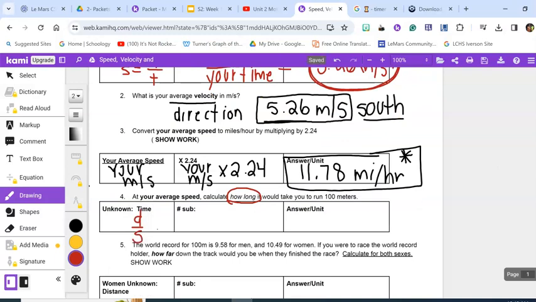Now, the number substitution, what's the distance that they want me to run? 100 meters. So I'm going to take 100 meters divided by your meters per second.